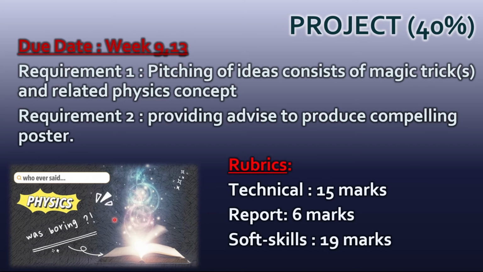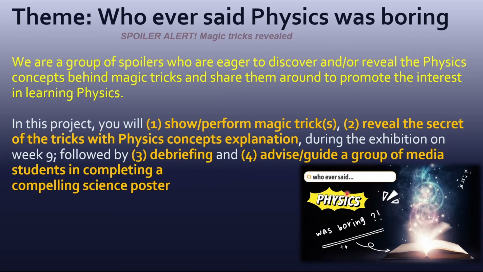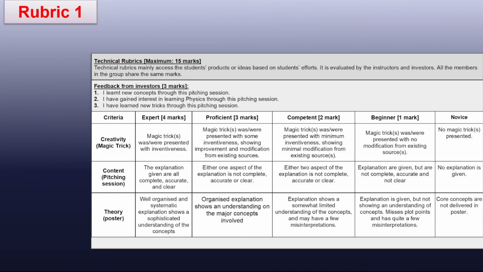And you are expected to do a pitching session about your magic tricks, followed by the physics concept explanation. Okay, so the rubrics, and this is what you have to do, I will record as another video. But for the time being, what you have to do now is to look for team members.